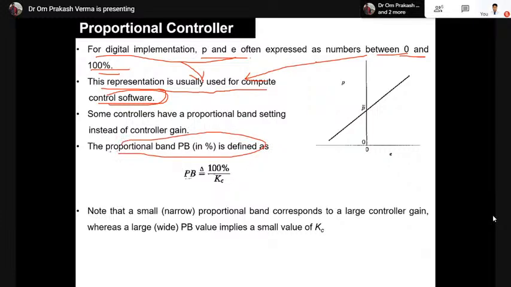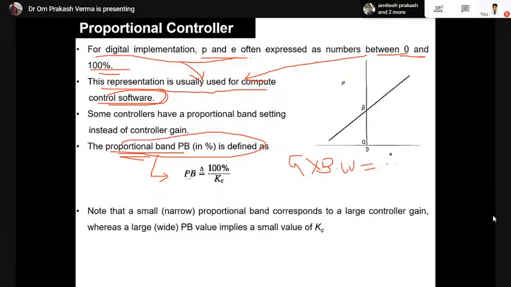Here the performance is defined in terms of proportional band. See, there is one universal formula: gain into bandwidth product is always a constant.